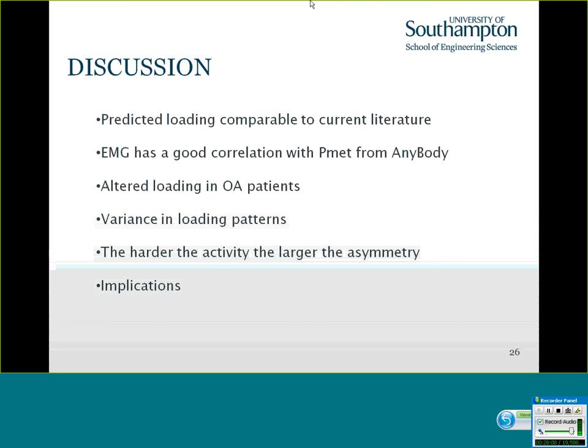It seems that the harder the activity, the larger the asymmetry we find in joint loading, and this has clinical implications, in that the side that's not affected by the osteoarthritis has the potential to have early wear and degeneration.